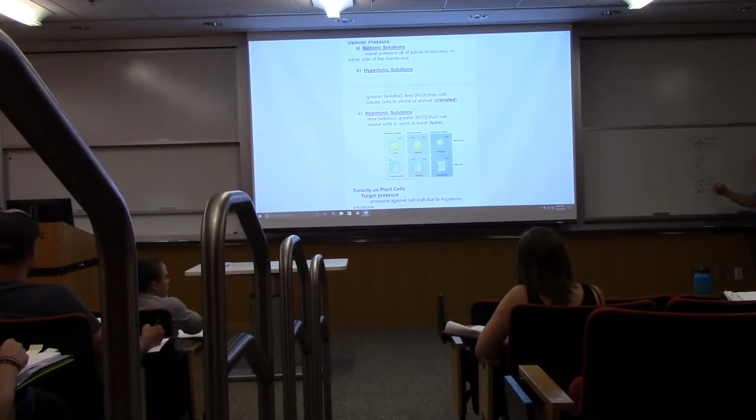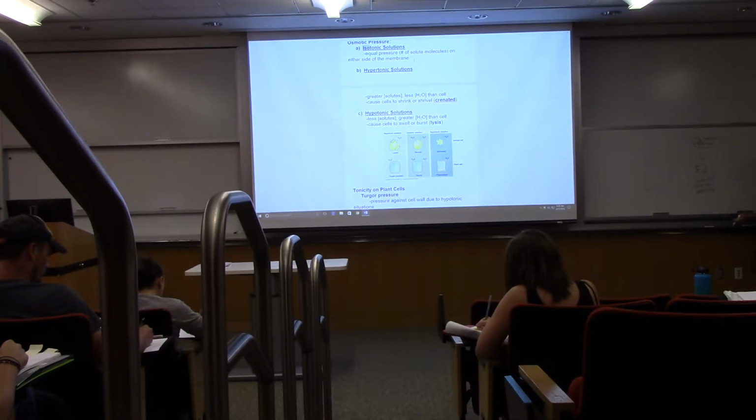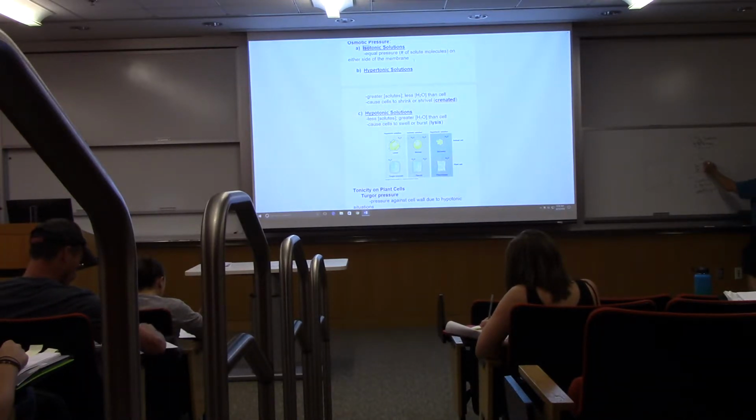Just as much water will enter the cell as will exit the cell. Again, the same amount of water will enter the cell as will exit the cell. Isotonic, iso equal.